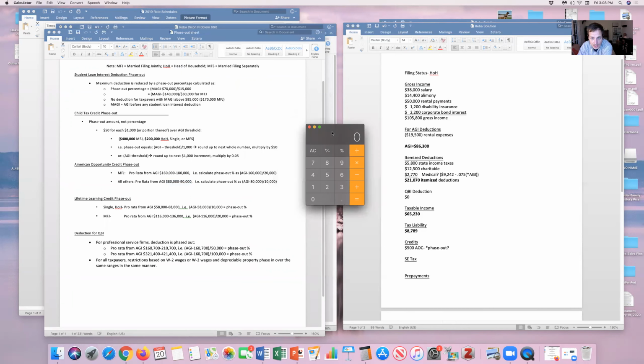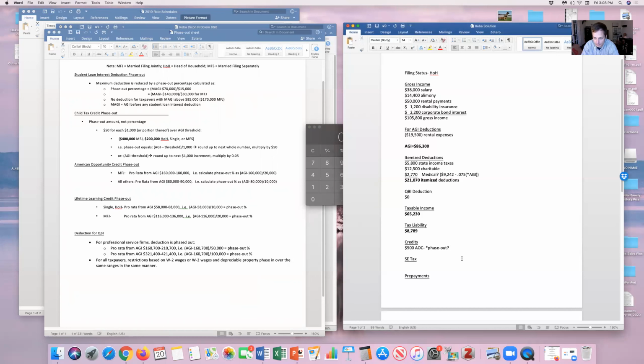Her AGI was 86,300. I'm going to subtract the bottom of the range, AGI minus 80,000, divided by the range, 10,000. So my phase out percentage is 63%.